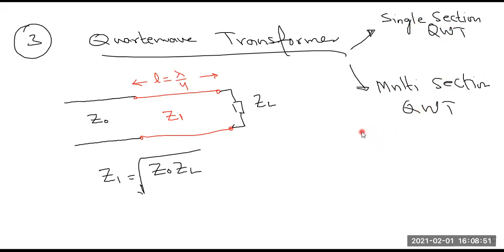The main advantage we will get from the multi-section quarter wave transformer is bandwidth improvement. This type of matching circuit will give us more bandwidth as compared to this one. Let me continue this discussion in the next session.